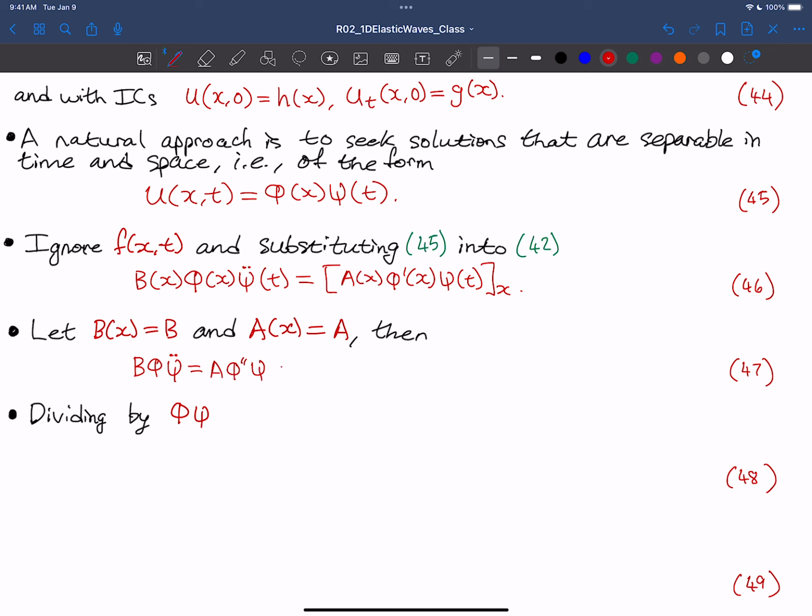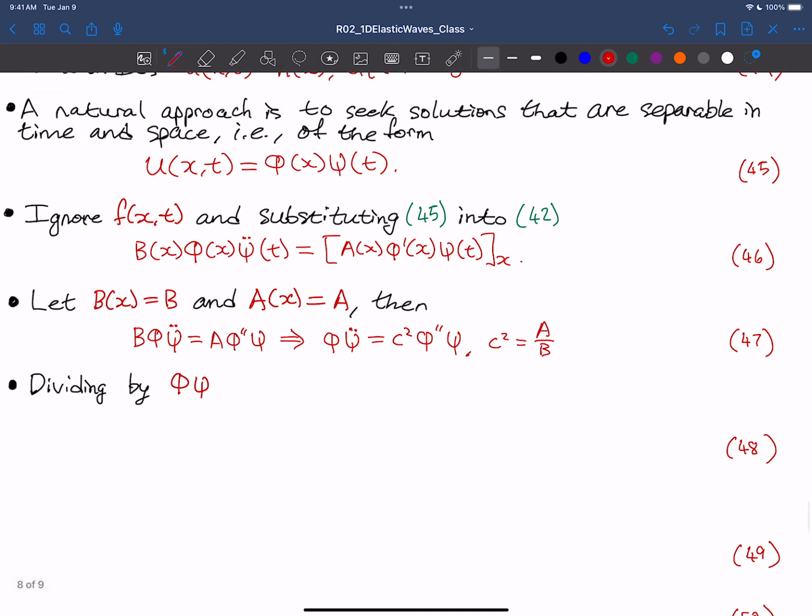If we divide by B, we get phi psi double dot is equal to c squared phi double prime times psi, where here c squared is equal to A divided by B.